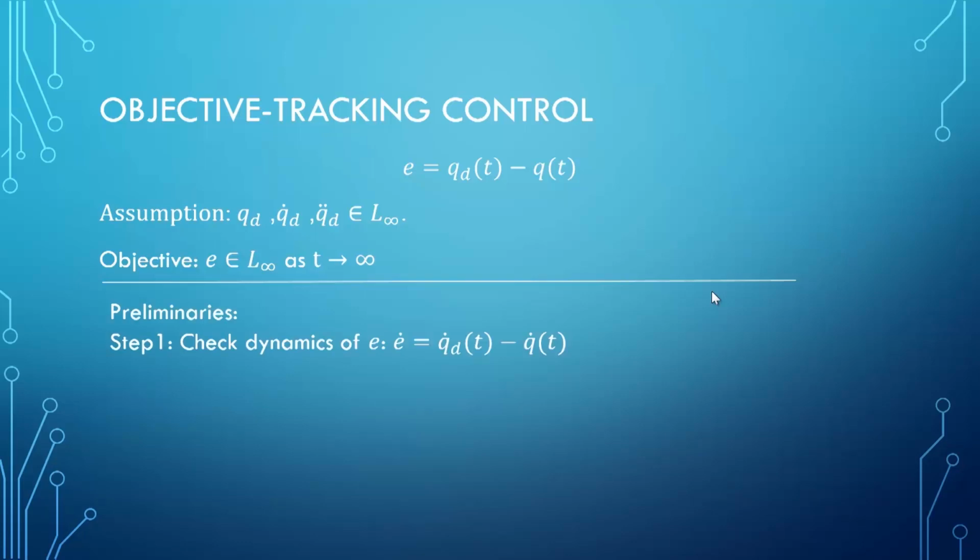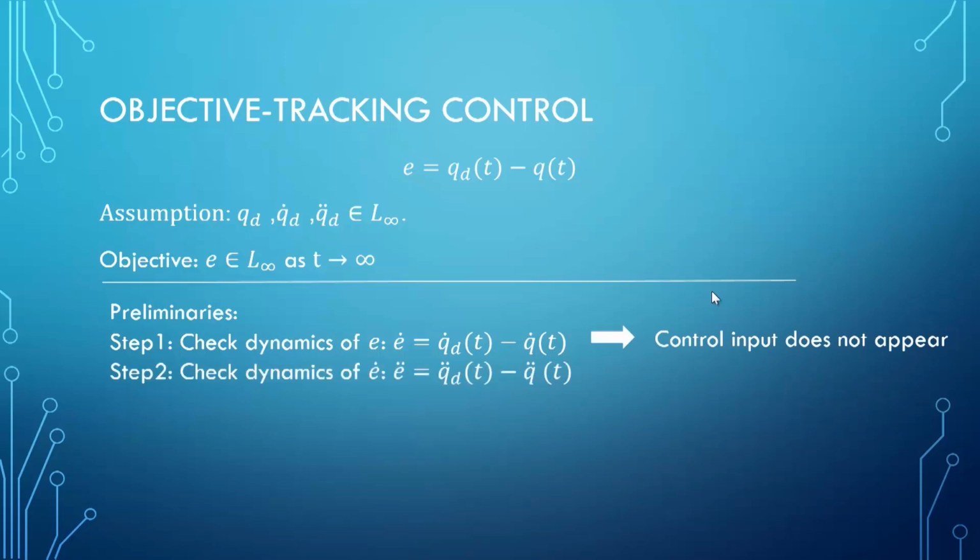So the steps are the same. You define the error signal, take the time derivative, and check if the control input appears in there. Here it doesn't appear, because you only see q dot, right? From the dynamics, tau, the control input, is equal to something that is a function of q double dot, not q dot.